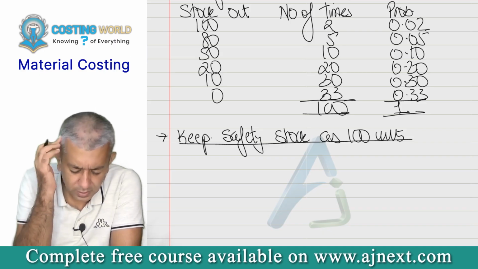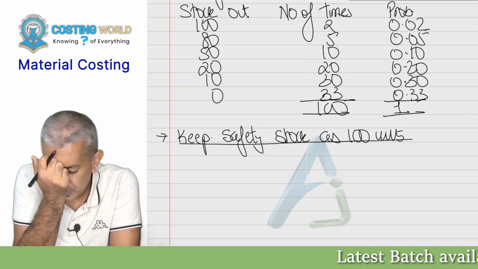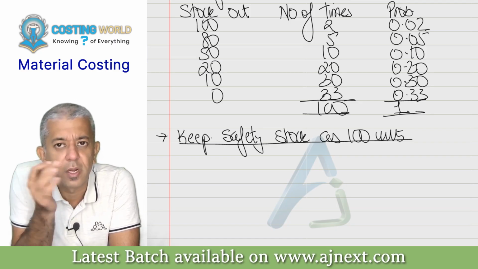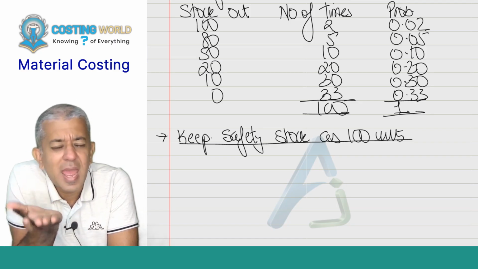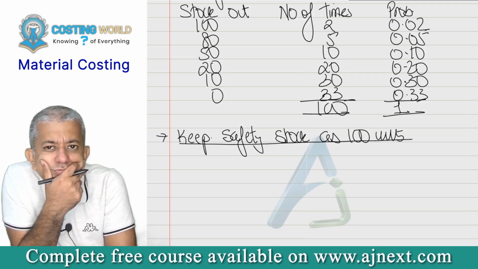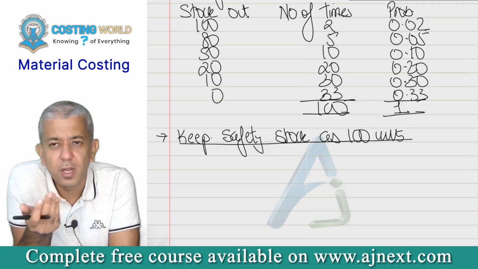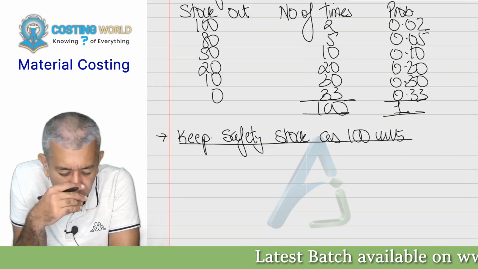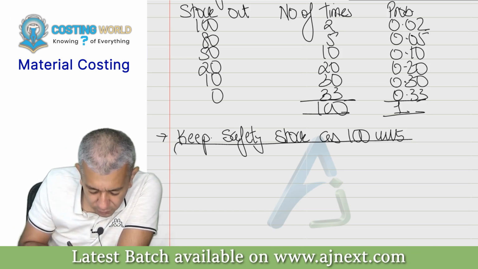Now see, if I am going to be keeping extra stock of 100 units, can we say my average stock will be increasing by 100 units only, no? I am going to be keeping 100 units with me extra at all times so that this stock out can be avoided. So therefore my carrying cost will get incurred right now.